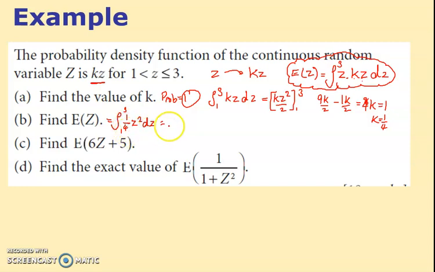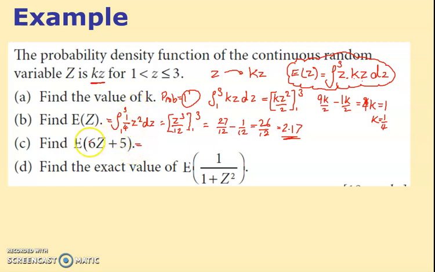Well, a quarter z squared, if I integrate, add one to the power and divide by the power, gives me z cubed over 12 between 1 and 3. That gives me 27 over 12 minus 1 over 12, which is 26 over 12. It's about 2.17, I think. It's 2 1/6.